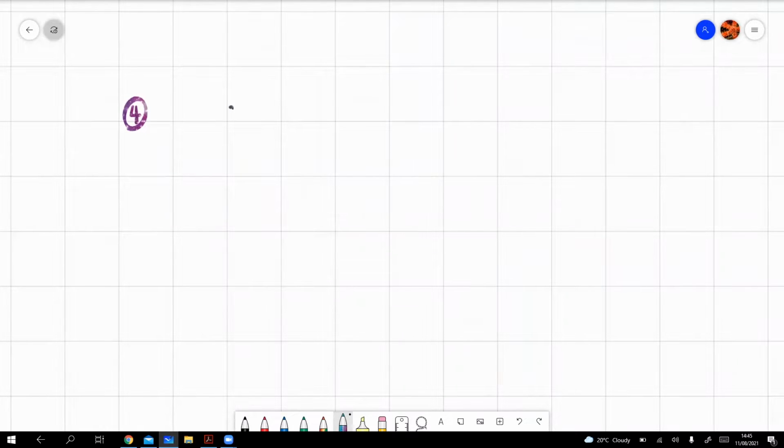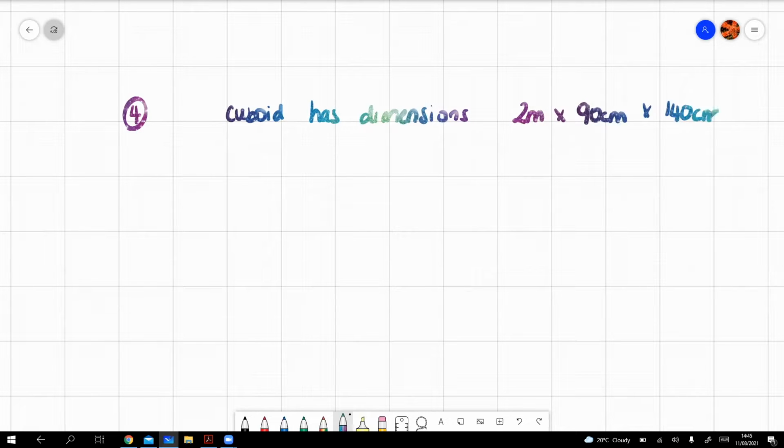So we say a cuboid again this time has dimensions 2 meters by 90 centimeters by 140 centimeters, and it has a density of 0.8 kilograms per meters cubed. Find the mass.